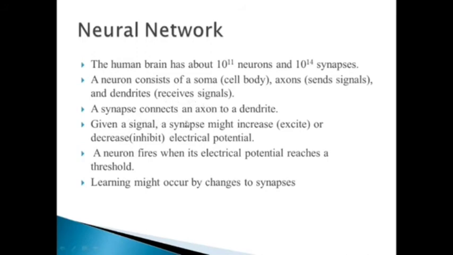The synapses connect an axon to a dendrite. When a signal is given, a synapse might increase or decrease the electrical potential, so that a neuron fires when its electrical potential reaches the threshold. Learning might occur by changes to the synapses.